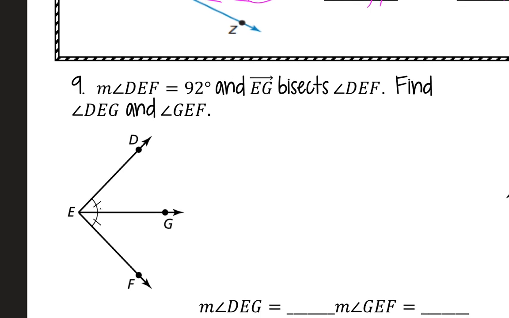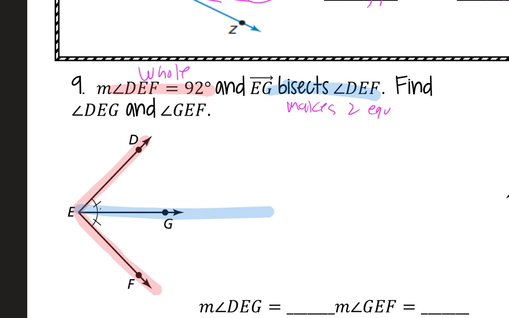Okay, it says DEF is 92 degrees. DEF, so let's trace that out. DEF is the whole thing, right? That's the whole thing is 92. EG bisects DEF. So that makes 2 equal angles, right?